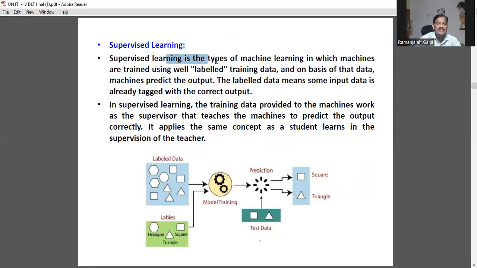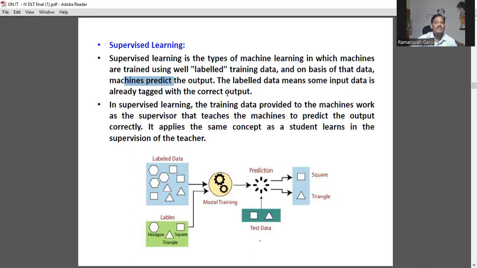Supervised learning is a type of machine learning in which machines are trained using well-labeled training data. On the basis of the data, the machine can predict the output. In general, supervised learning always produces an exact output because all the labels are known.